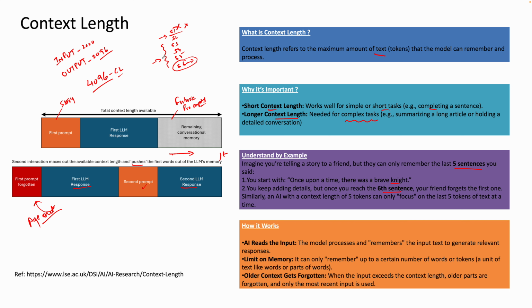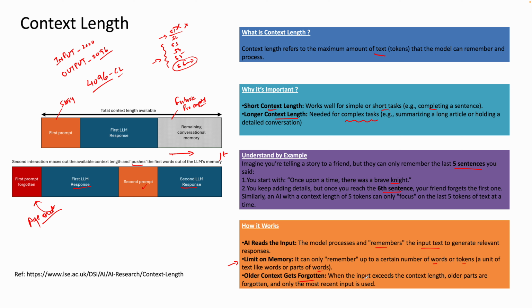So how does it work? It's pretty simple. As I explained, the model processes and remembers the input text to generate relevant responses. There's a direct correlation to the amount of memory that is available to you. So it can only remember up to a certain number of words or tokens, a unit of text like words or parts, and the older context gets forgotten. Something like what I explained with sentence 1 to sentence 6. After sentence 5, you forget sentence 1.